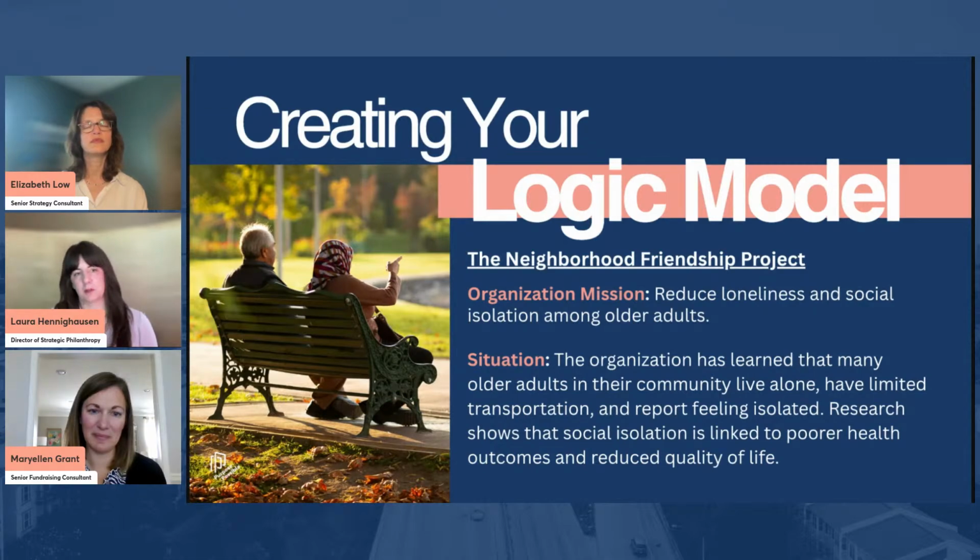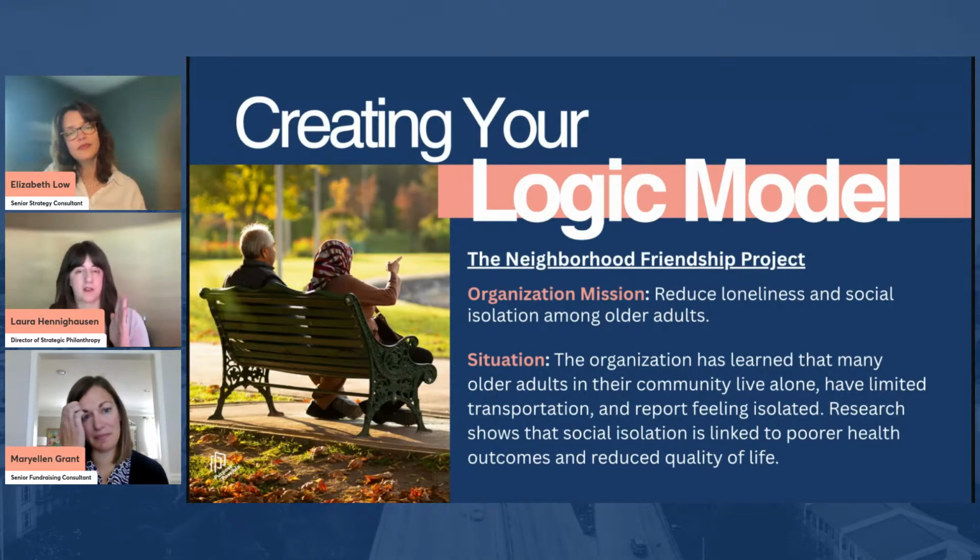They also know that research shows that social isolation is linked to poorer health outcomes and reduced quality of life. So they want to plot out what their program specifically is going to do to advance that impact, that long-term goal of helping seniors not feel socially isolated.